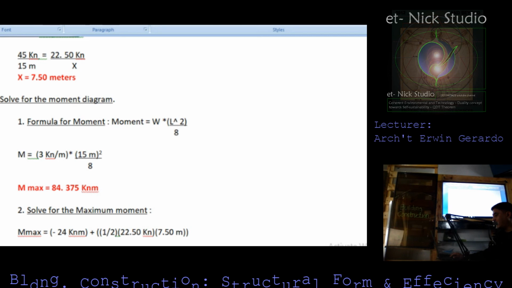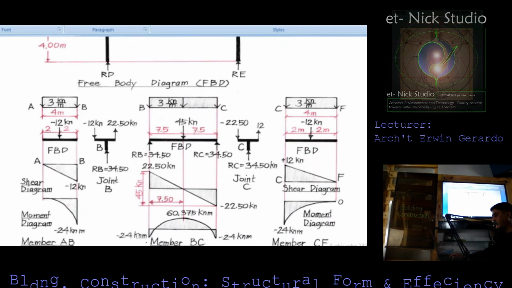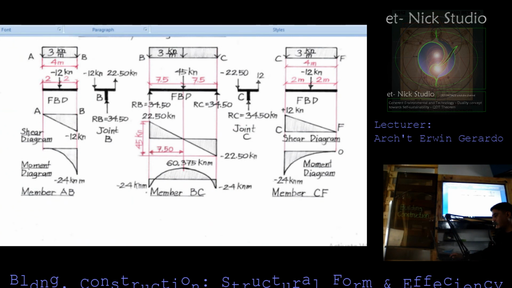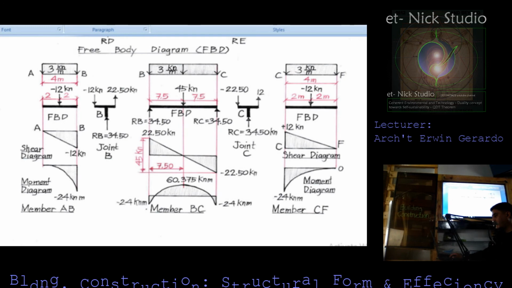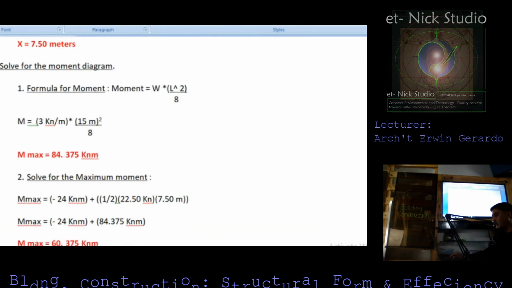We were able to solve for 84.375 kilonewton meter. Okay, so I have already shown here how it was derived.